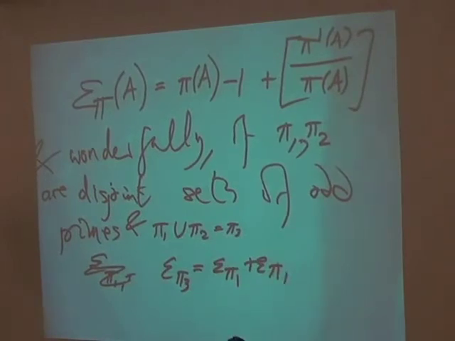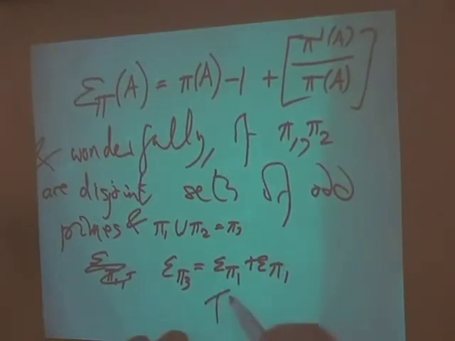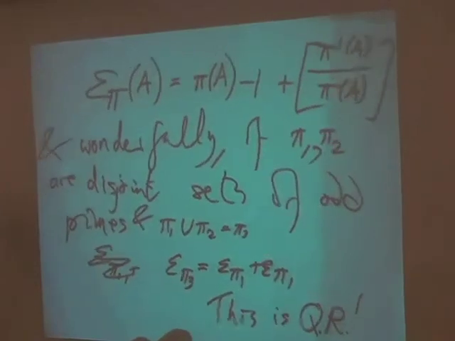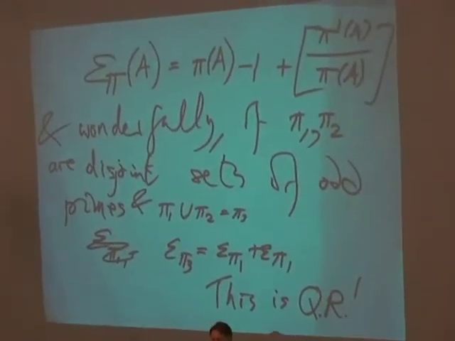It's not only linear in the quadratic form, it's linear in the set of primes, which is amazing. And this is QR, quadratic reciprocity. And let me just show it for you. It's really beautiful. All right.